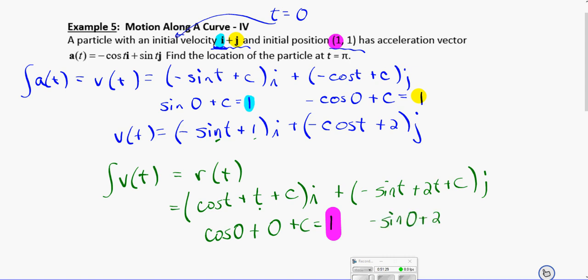Negative sine 0 plus 2 times 0 plus c equals 1. And that 1 is coming from that 1.